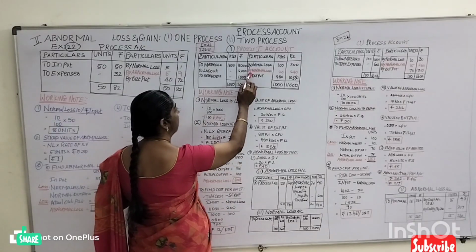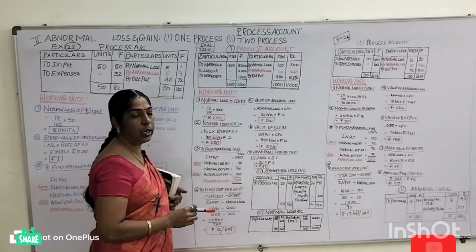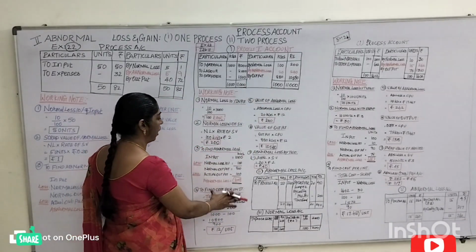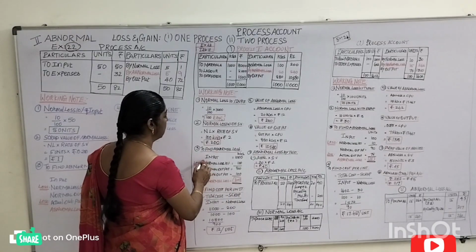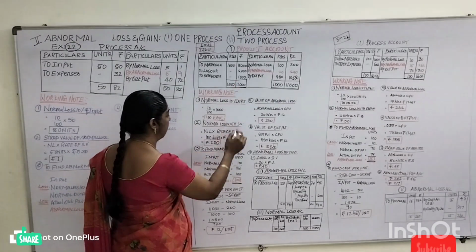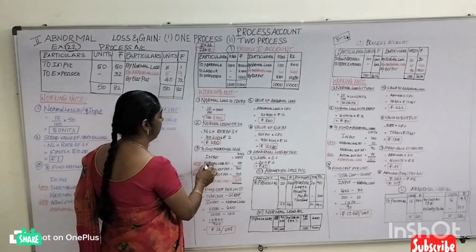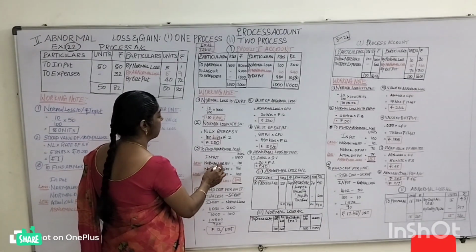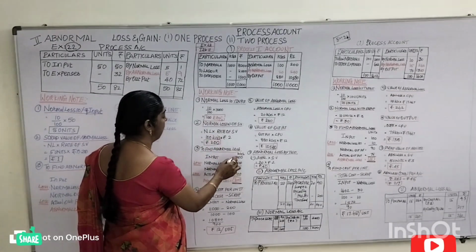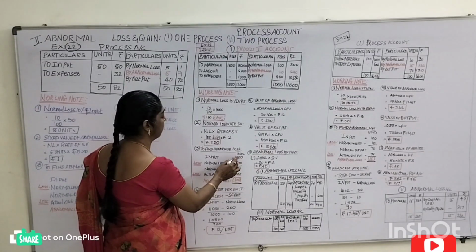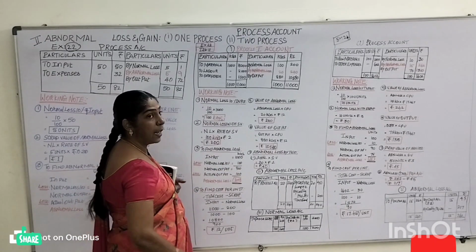Then we are going to find out the abnormal loss. Okay, so we have the format to find out the abnormal loss. That means input, how many kgs? 1,000 kgs minus normal loss 10%, 100 kgs. After subtracting 100 kgs from 1000 kgs, you will get 900 kgs.